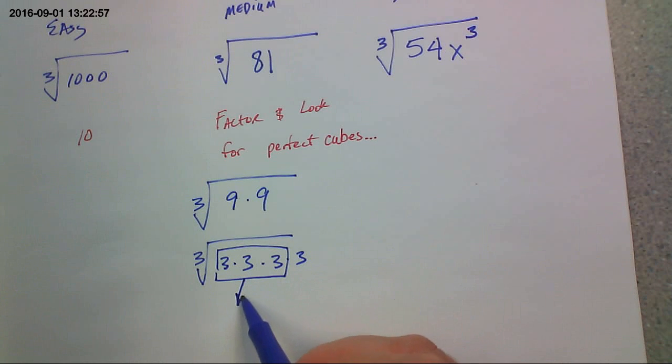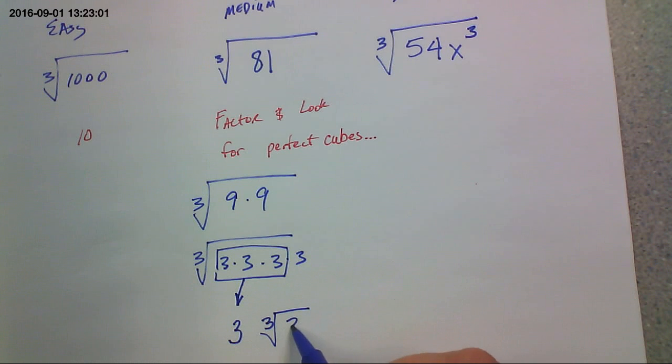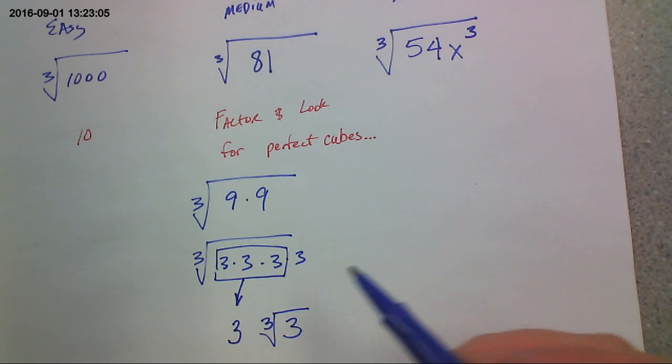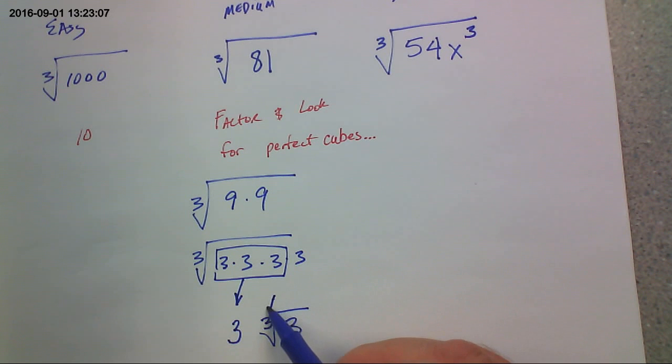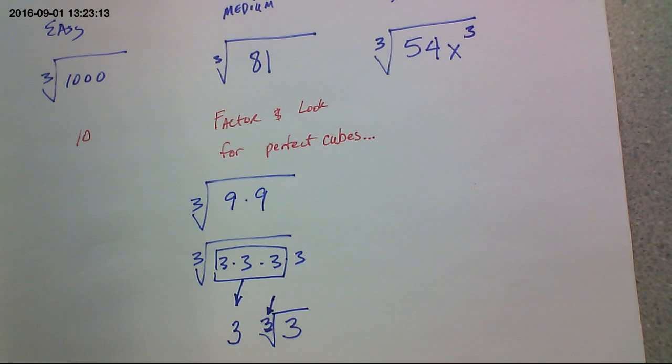So this number right here is 3, and then what's left over is that. One thing, when you write your answers, you have to have that little index right there. If you don't have it there, your answer's wrong. That's the answer.